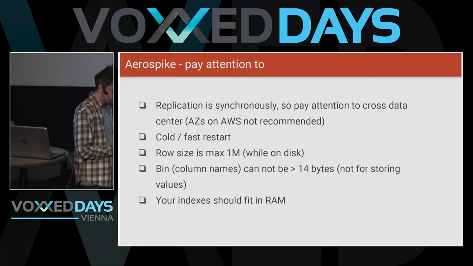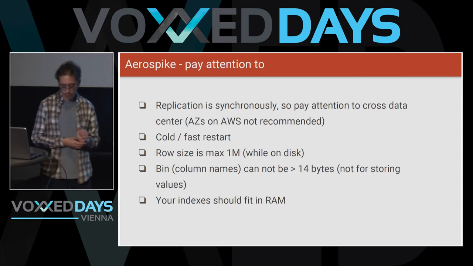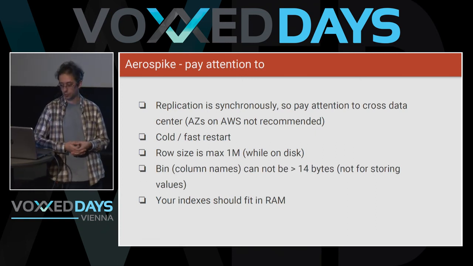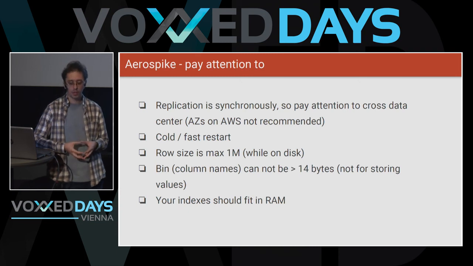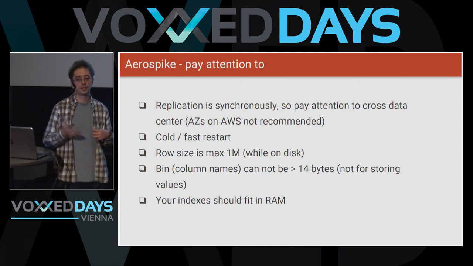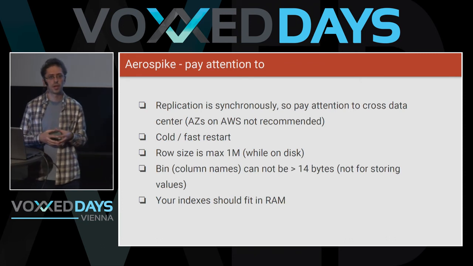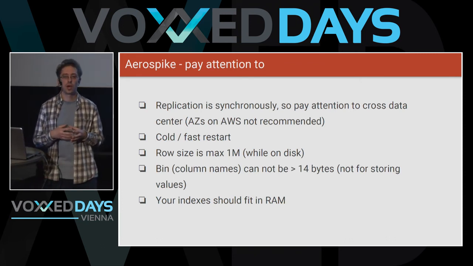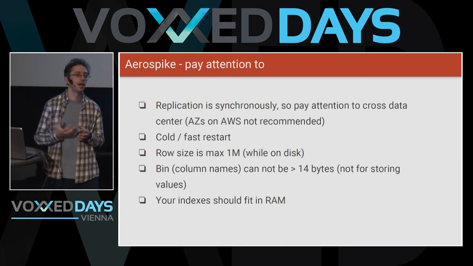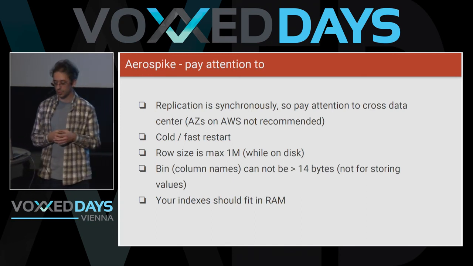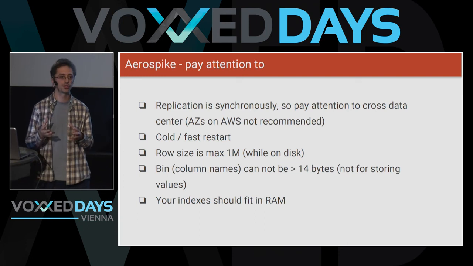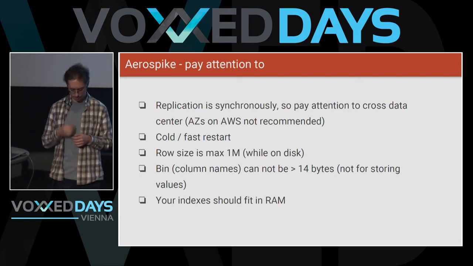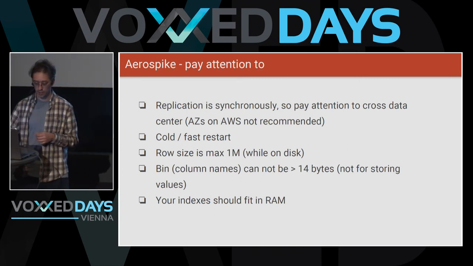So once you go live with Aerospike, in our case there were some things that we found out the hard way. I was mentioning that replication inside the cluster in Aerospike is synchronous, which means it wants a really good and reliable network, because otherwise you will have partitions, brain splits, stuff like this will happen. One node will not see the other ones.